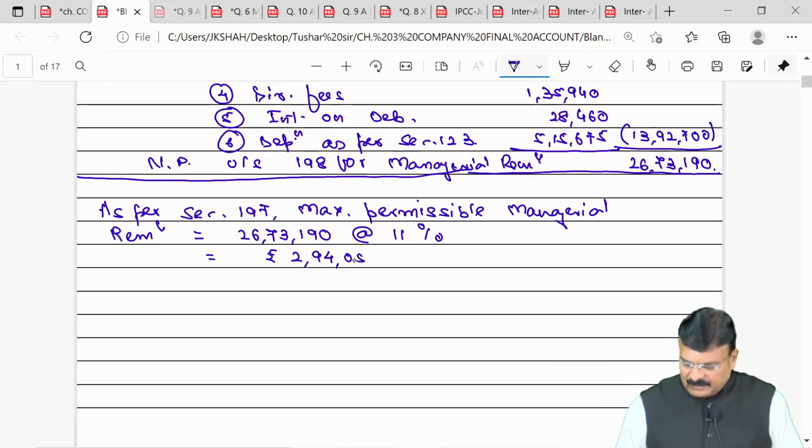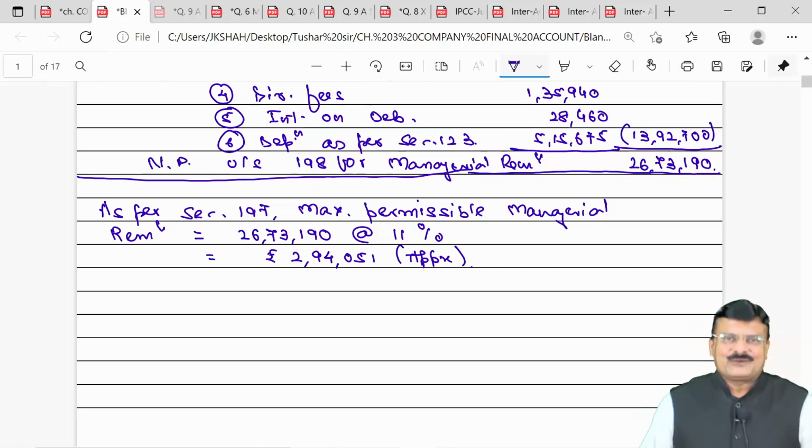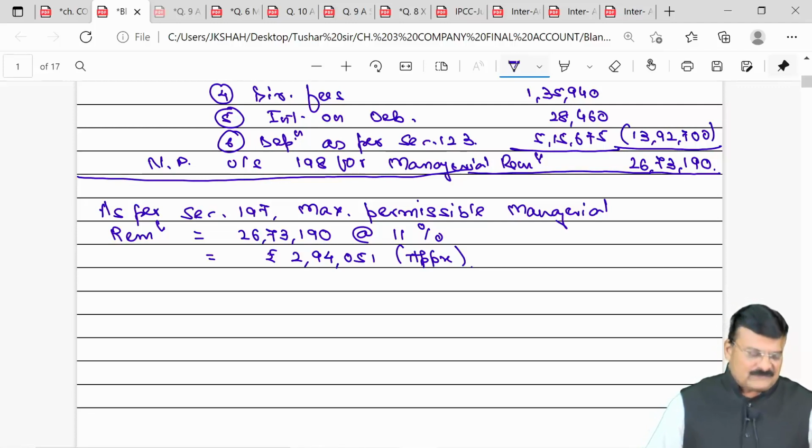Why am I using the word approx? Because it is a rounded off figure. The paisas have been ignored and you know it very well. Ignoring paisas is by convention of materiality that you all know very well. So this is your answer for the paper of January 21 CA Inter.